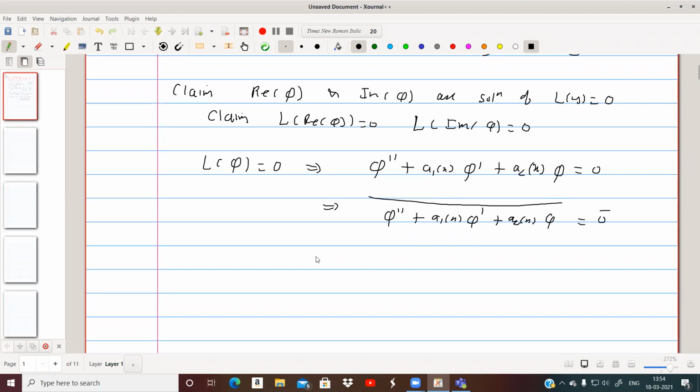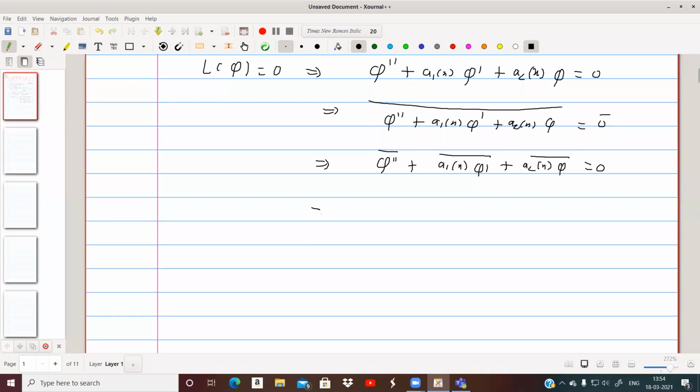So taking the complex conjugate of this, the conjugate of an addition is separate, you can write the conjugate of phi'', plus the conjugate of a1(x) phi', the full thing, plus the conjugate of a2(x) phi, will be equal to 0, because 0 is 0, so its conjugate will be 0.